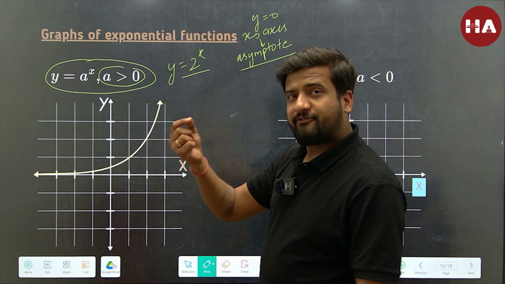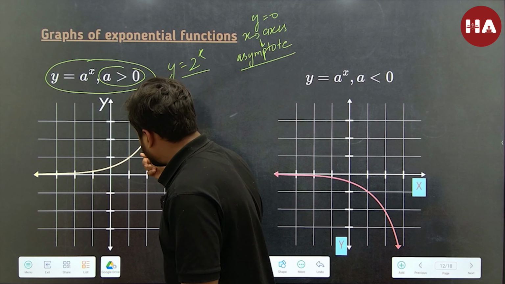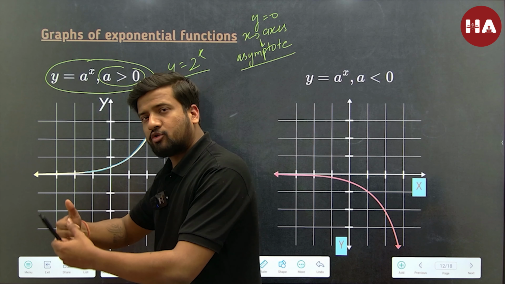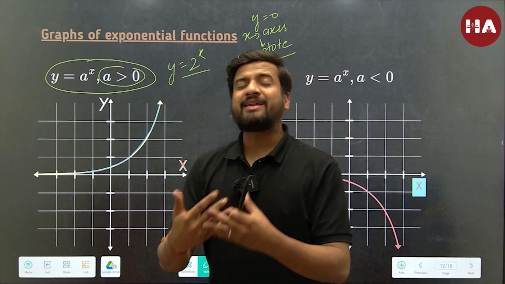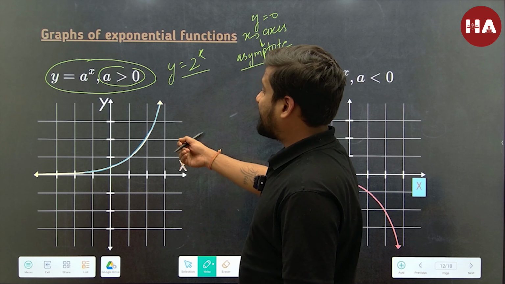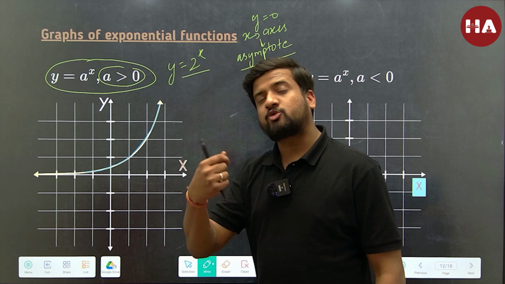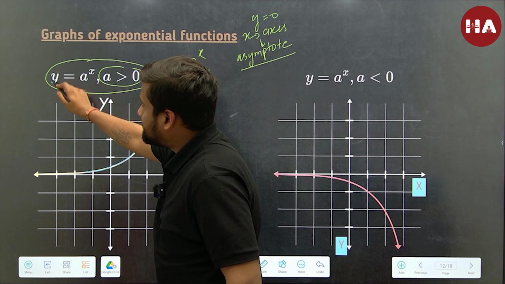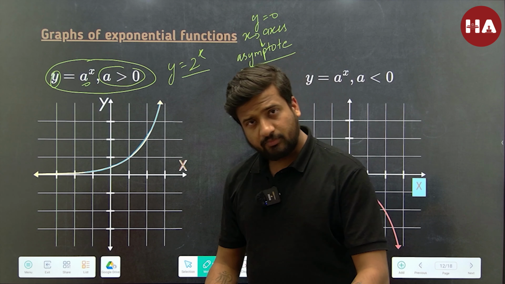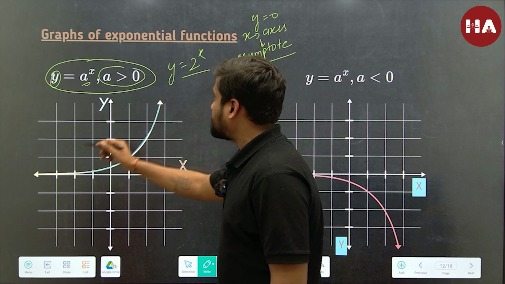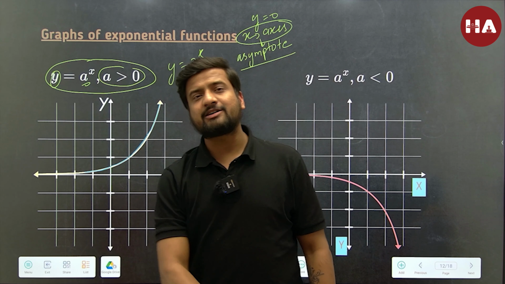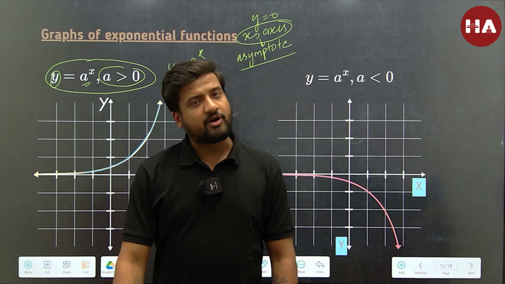If you notice this yellow line, it appears to come closer and closer to the x-axis, but in reality it never touches the x-axis, because if it touched, y would have to be 0, and y can never be 0 for an exponential function. That is why y equals 0, the x-axis, is an asymptote for this function.